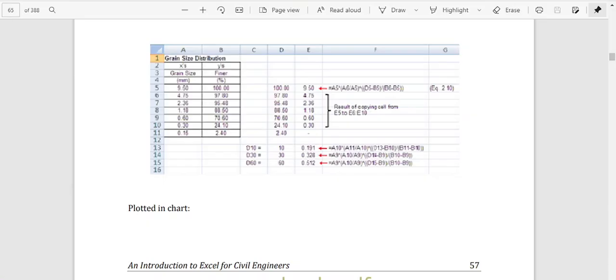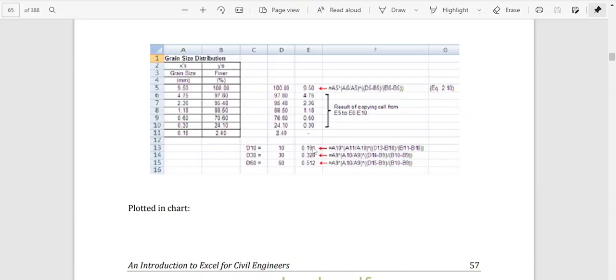So this is the formula we're going to use to find our D10, D30, and D60. Now please, let's look at this. The x is D10, the value of D10 is known, it is 10.